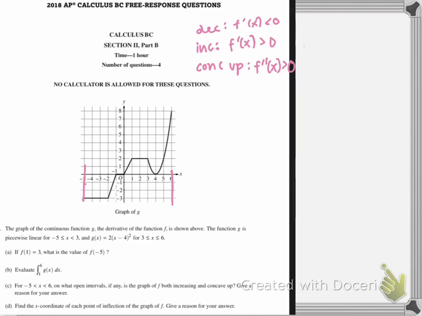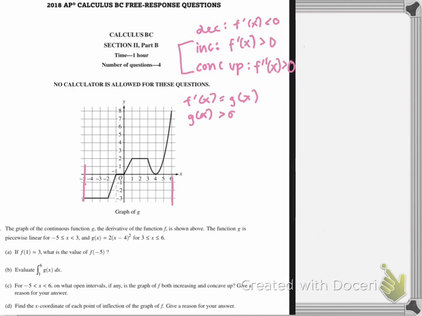So coming back, if it's both increasing and concave up, it needs to fulfill both of these conditions. Let me find all the intervals it's increasing on, and then see which of those intervals it's concave up on. In this case, f prime of x is g of x. So we look at the values where g of x is greater than 0, that is, where it's positive.